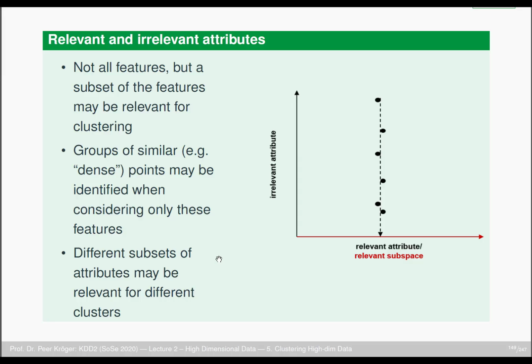So if we just concentrate on the 5 representing the color, we will end up in a completely different cluster than if we focus on just the other 5 features representing the shape. So different subsets of attributes may be relevant for different clusters.